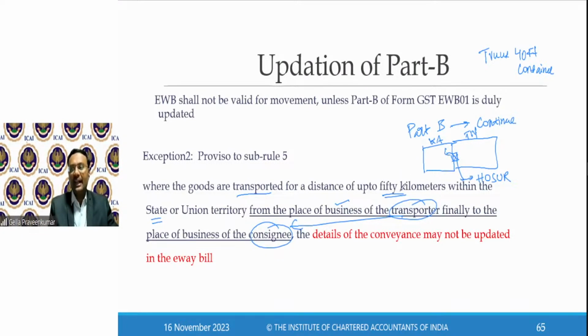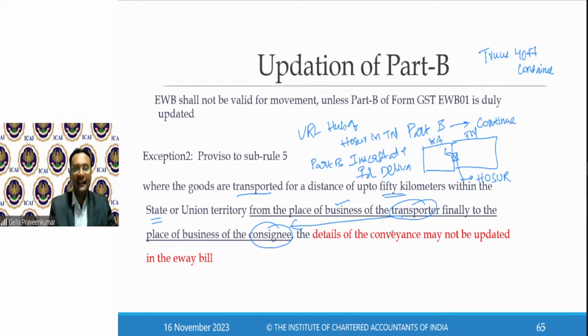Now in the examination they'll ask: the material has reached the VRL hub of Hosur in Tamil Nadu. As per GST provisions, Part B need not be updated for interstate movement for delivery to the consignee.